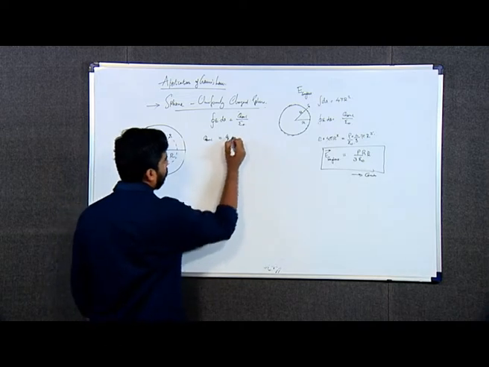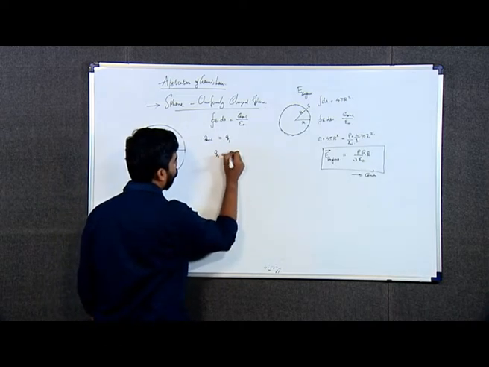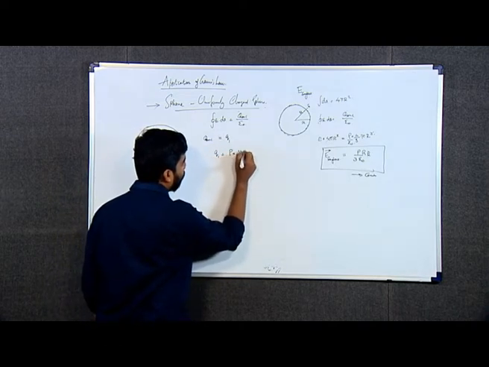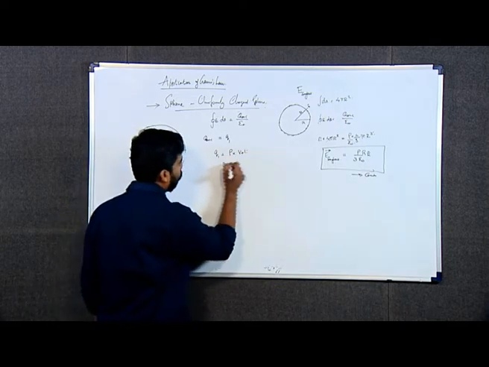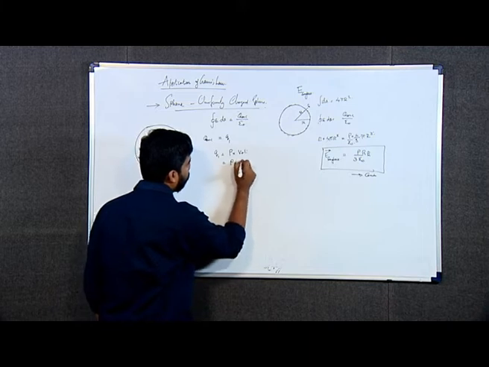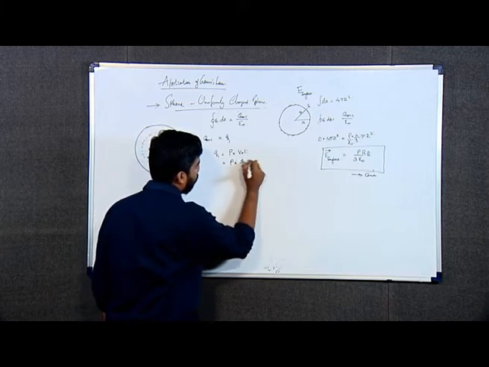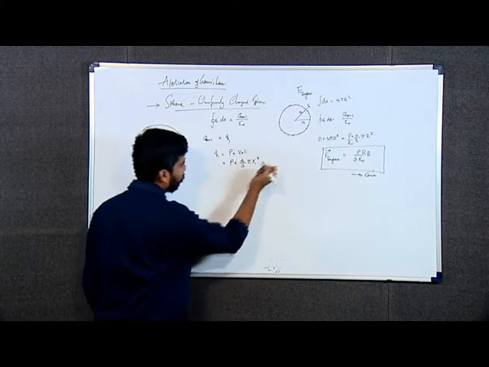So I can write Q1 is equal to rho into the volume corresponding to that sphere. How much charge is enclosed is equal to rho into volume, 4 by 3 pi r1 cube.